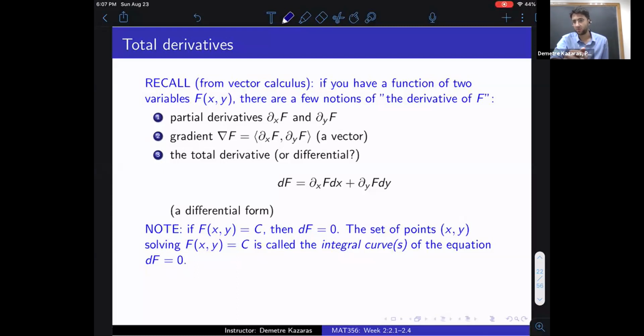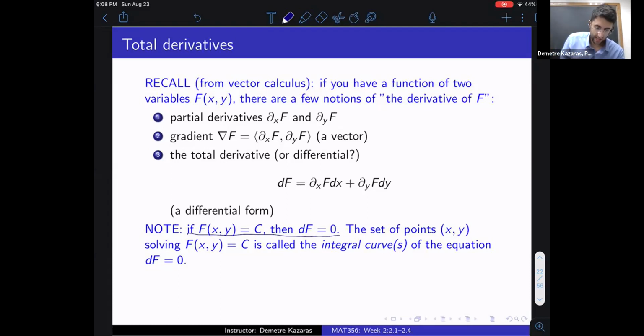So partial derivative of f with respect to x, dx, plus y derivative of f, dy, is equal to 0. So this is of relevance to the problem at hand. This total derivative looks a little bit like the differential form in the equation that we're trying to solve, and it will come from the goal that we're trying to get to.